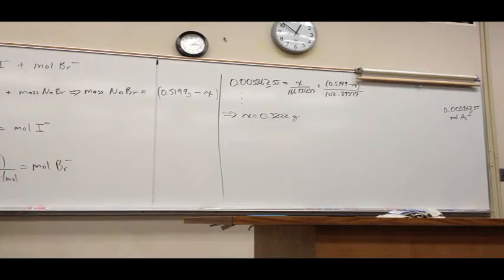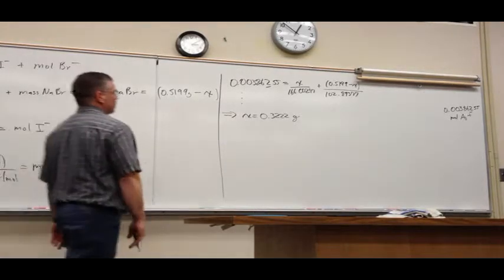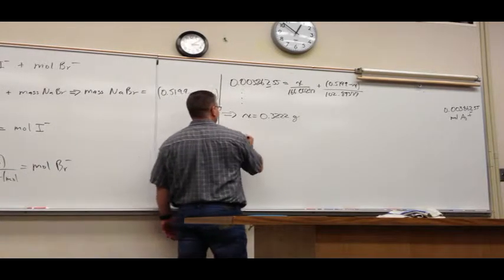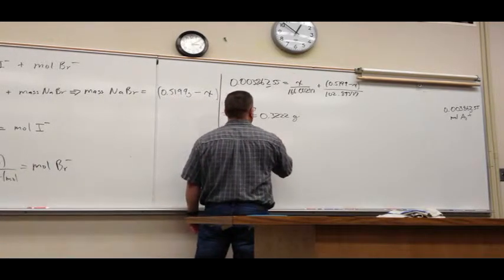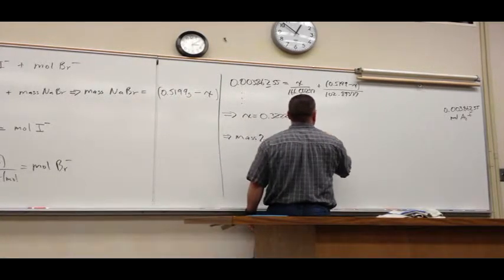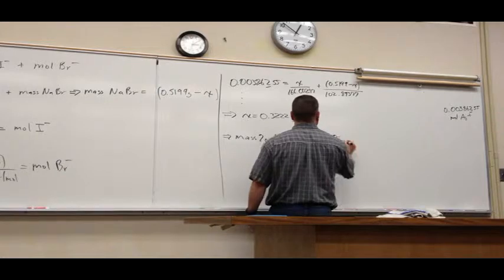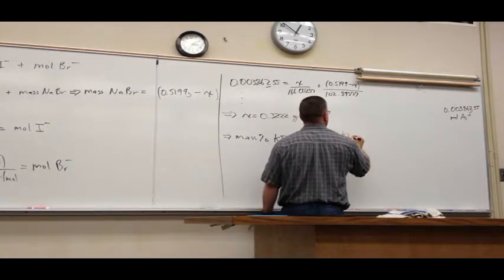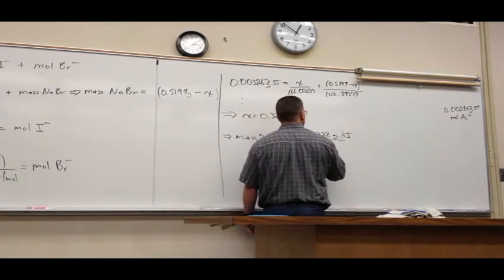If you get stuck, I'll show it to you. I don't want to take class time just doing algebra. I believe this is what you get. That means that the mass percent of potassium iodide is the mass of potassium iodide over the total mass.